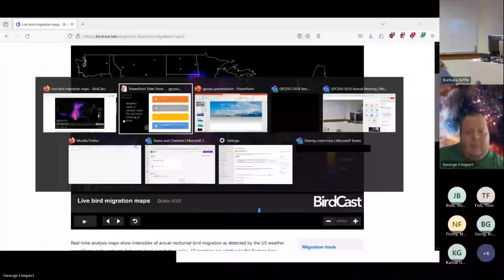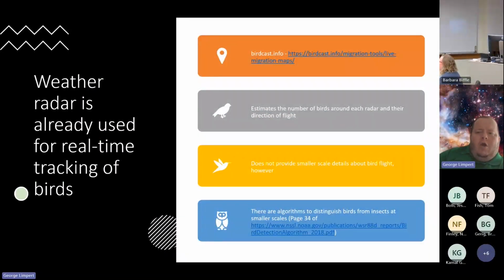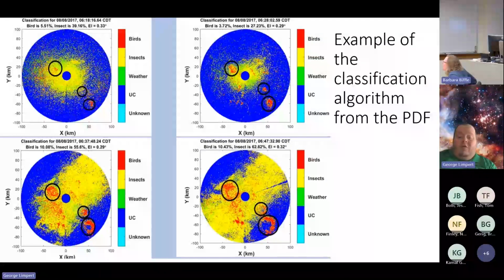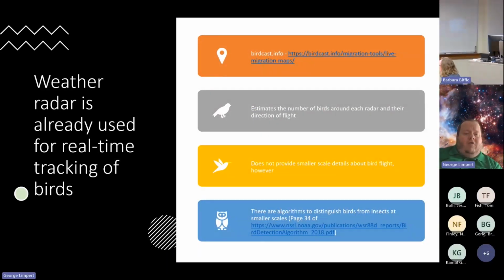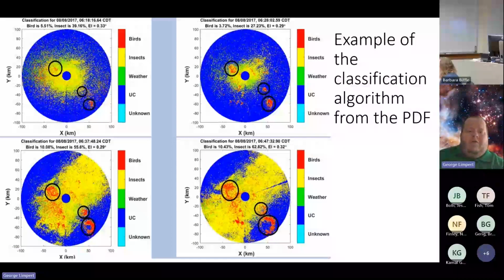So I want to go back to my slides and show a little bit about how this is done. There's actually an algorithm that is used to distinguish birds and insects. In fact, I've seen a couple of different algorithms for this, and here's an example. You would have a radar image that perhaps looks not unlike the blue blobs that I showed earlier, and what you see here is an attempt to classify what those are.